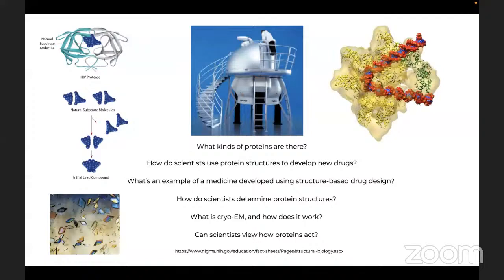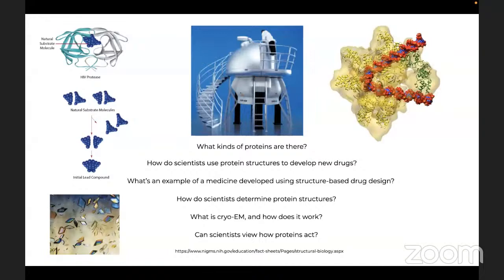Knowing its structure allowed researchers to determine the kind of molecules that could stop HIV protease from working. Scientists use computer models to fine-tune these molecules that could halt virus production. This work led to a medicine called protease inhibitors, which is available.